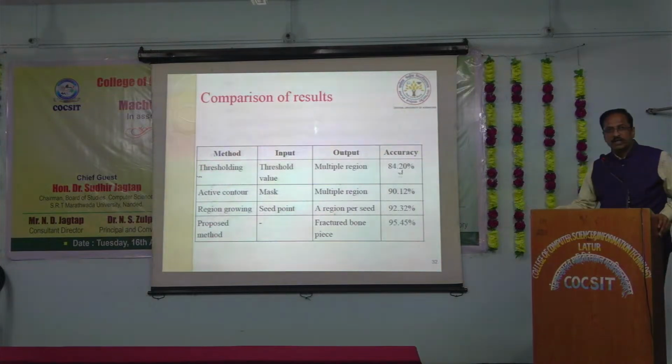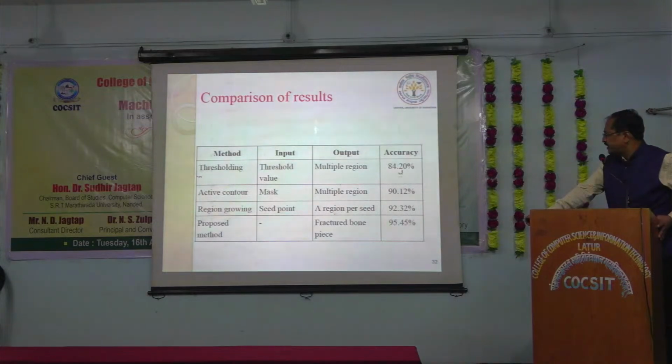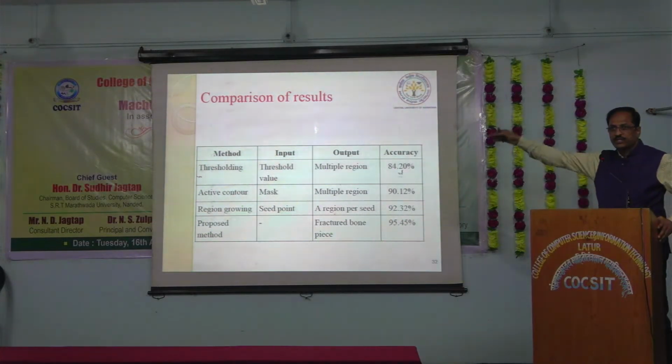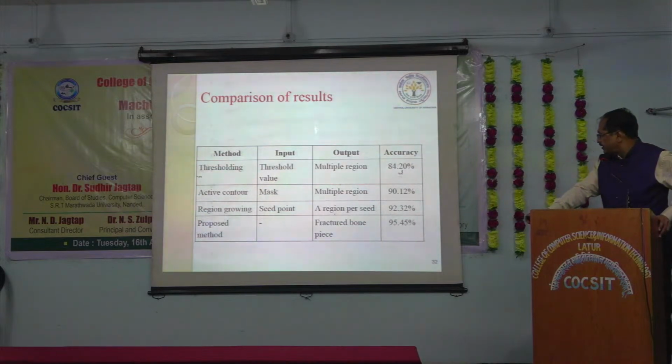Simple thresholding gave us 84% accuracy. The active contour technique for segmentation gave us 90% accuracy. Region growing gave 92%. These are all very old techniques. Our own proposed method, which I have just discussed, gave us 95.4945% accuracy.